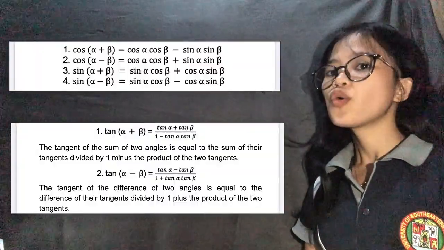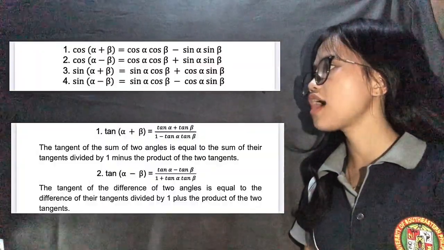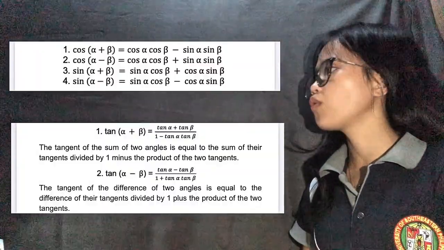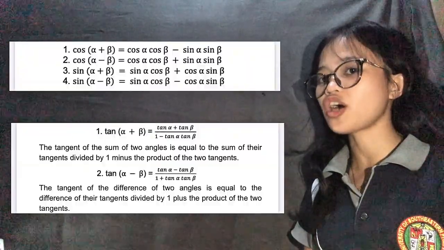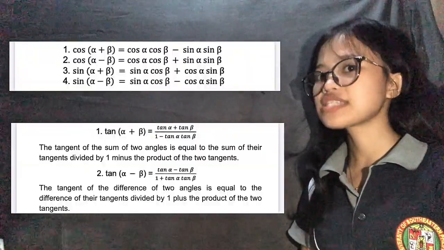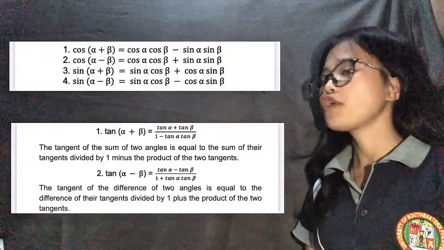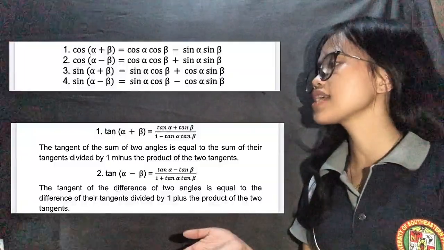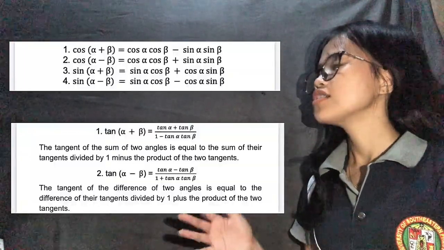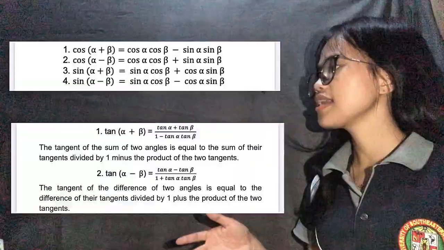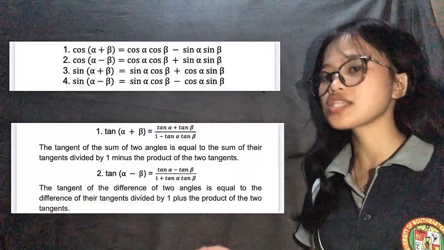For the cosine, we have cosine of alpha plus beta equals cosine alpha cosine beta minus sine alpha sine beta. For the difference, we have cosine of alpha minus beta is equivalent to cosine alpha cosine beta plus sine alpha sine beta.